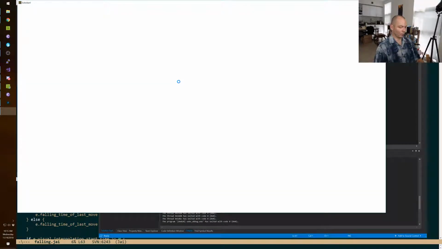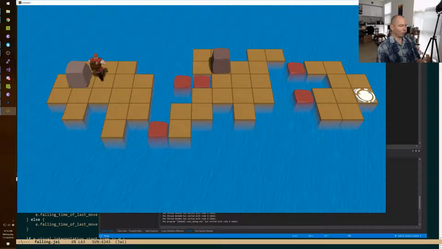All right, let's see what happens. Okay, first of all, can I just push this thing into the water? Okay, yes. Can I push it into the water and have it not snap? Yes.